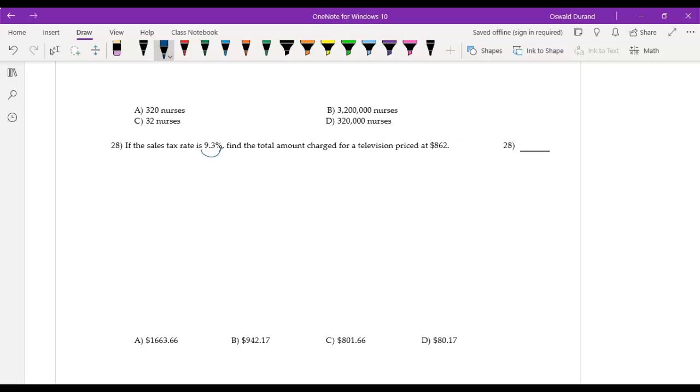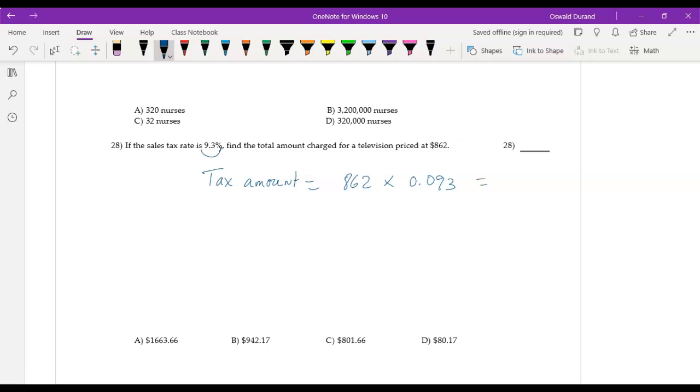Okay, so first you need the tax amount, right? How much I'm going to be taxed. So tax amount is going to be $862 times 9.3%, which we put as a decimal number. So it's going to be 0.093, right? That's going to be my tax amount.